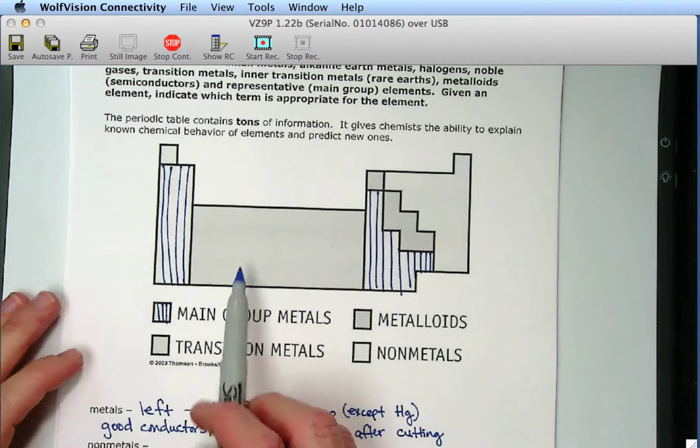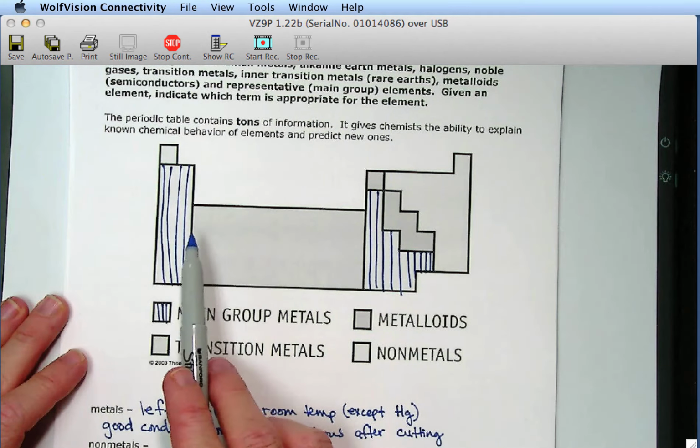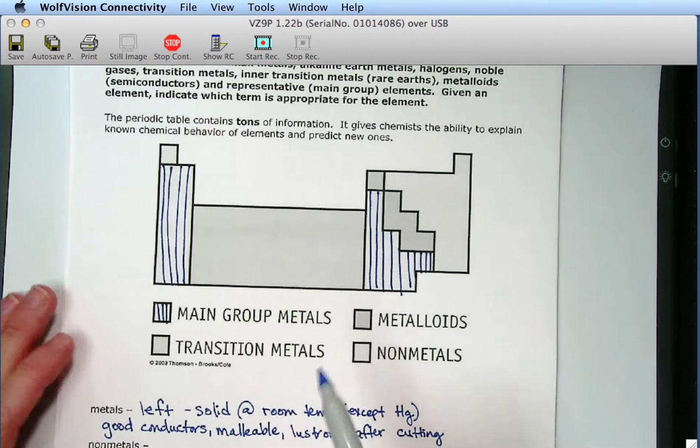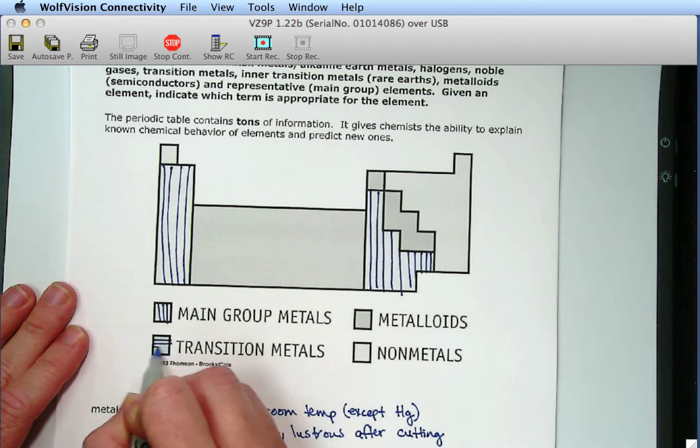Then in between, you have transition metals. I'll do transition metals. Horizontal stripes.